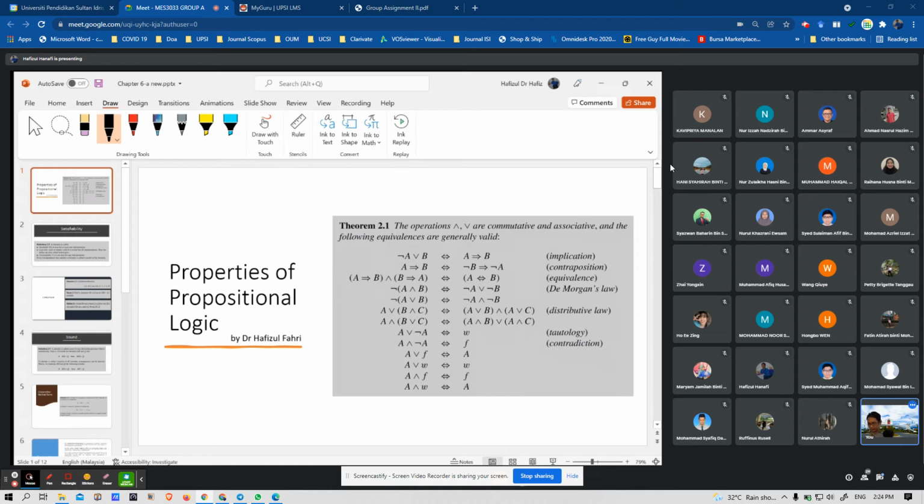Sometimes we call it a truth functional connective.